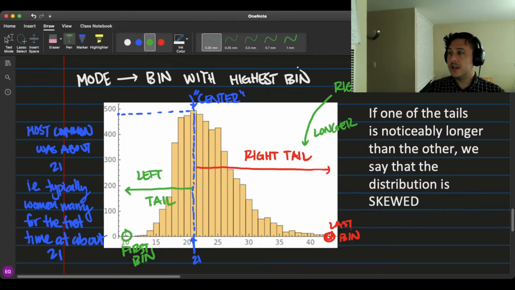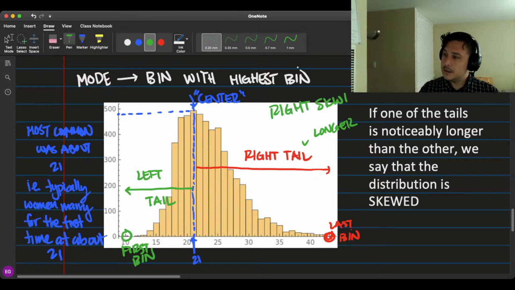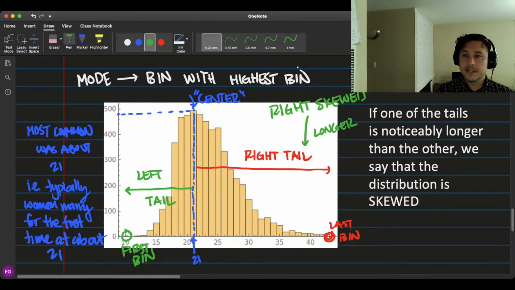I should not have put the skewed there because it got cut off. Let's put it right here. So this is right skewed. Why? Because the right tail is longer. If the left tail was longer, it would be left skewed.